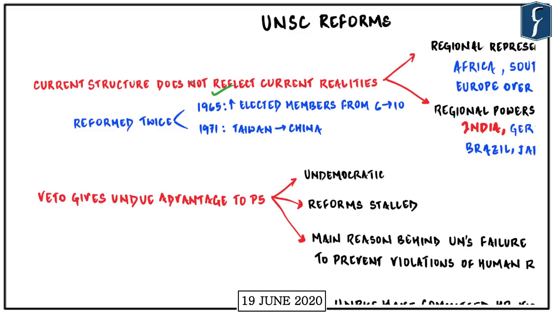This privileged status of the P5 has its roots in the founding of the United Nations itself, because it was founded in the aftermath of World War II. If you're aware of modern world history or contemporary global politics, you would know that the United States and the Soviet Union were the outright and clear victors of the war. Along with the United Kingdom, they shaped the post-war political order.